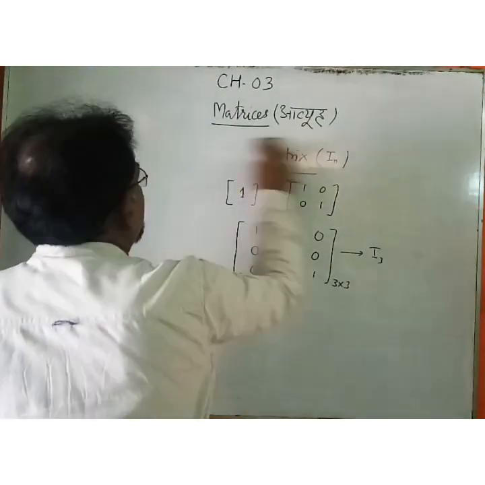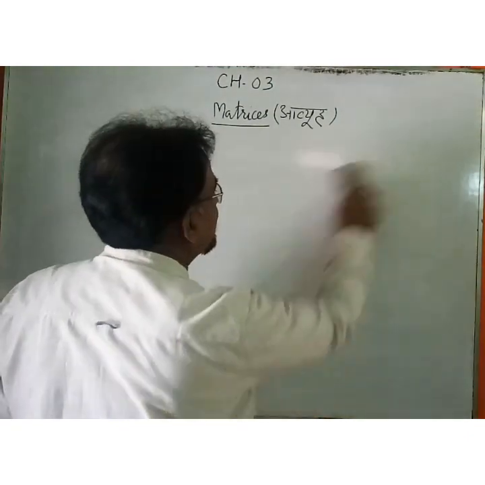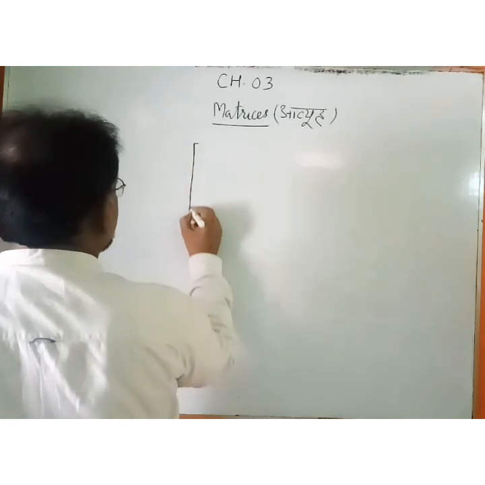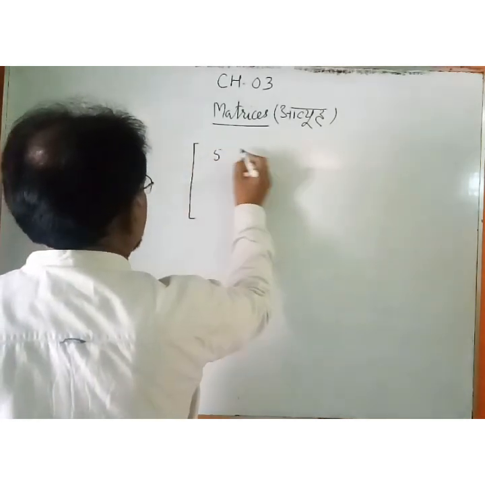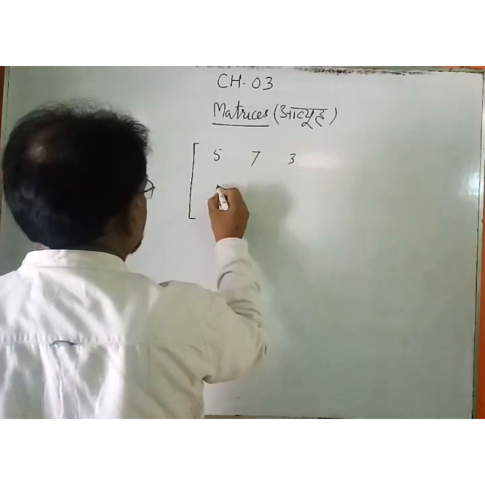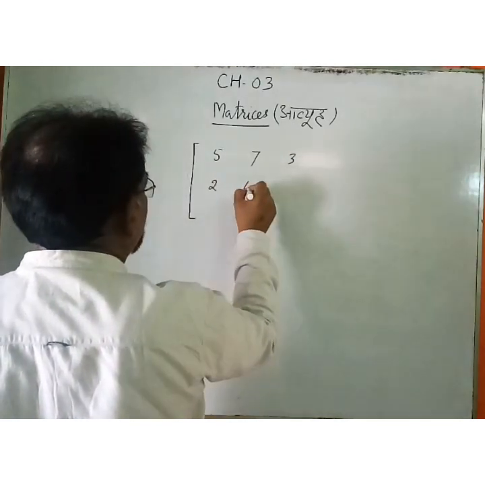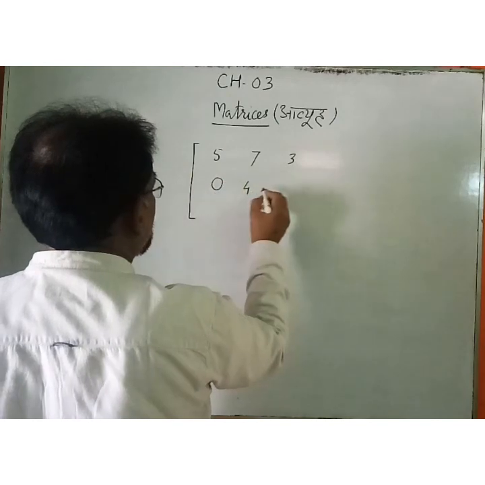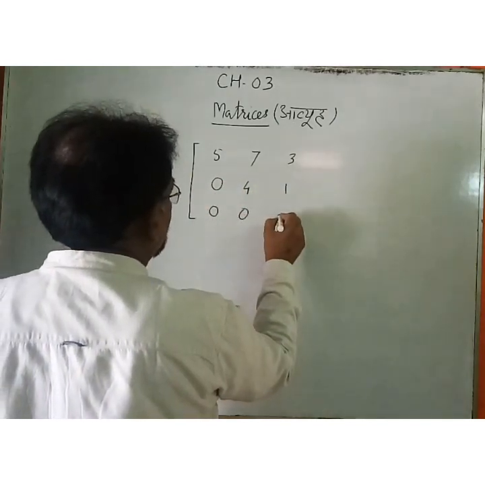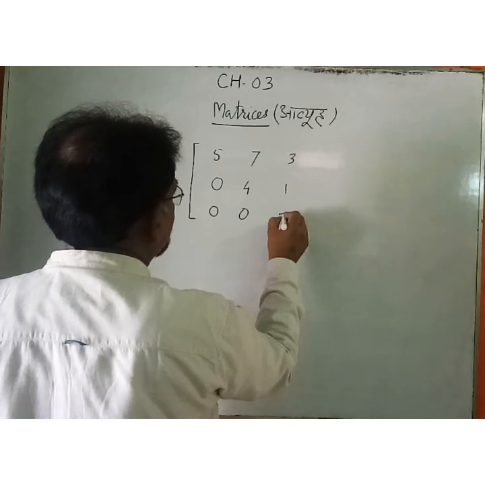Another type of matrix, let us explore. One more example is there. Suppose the matrix is 5 7 3, 0 4 1, 0 0 8.